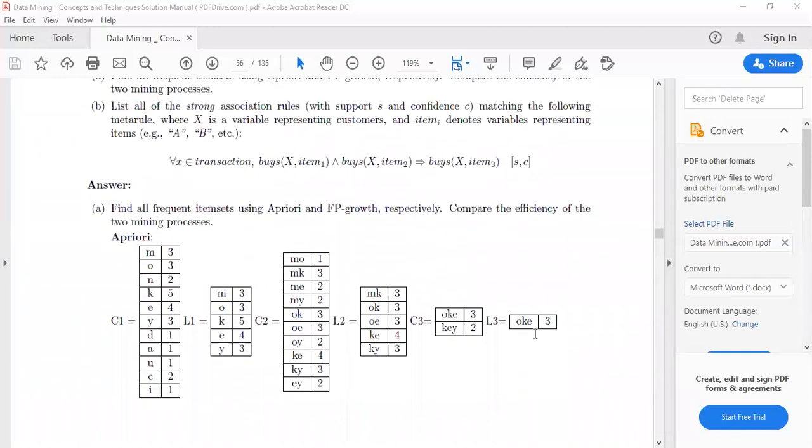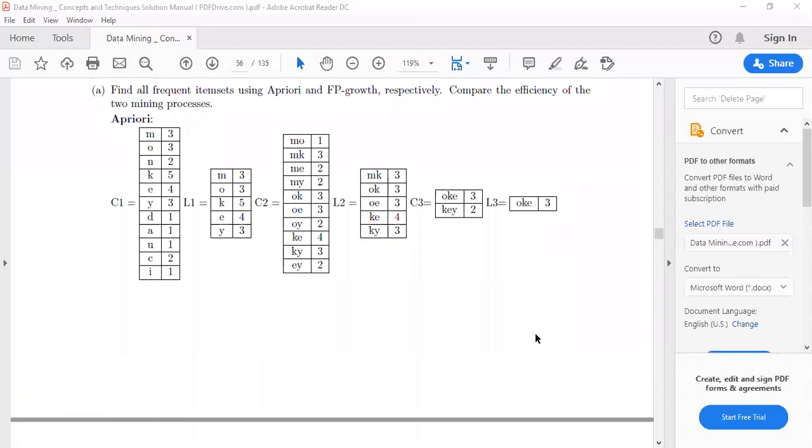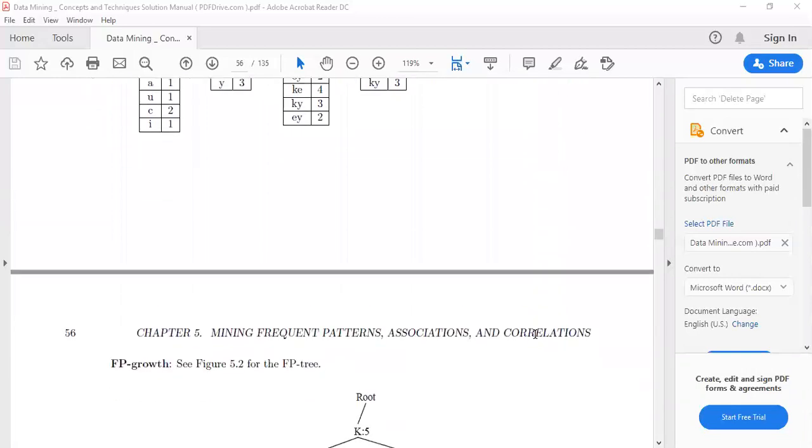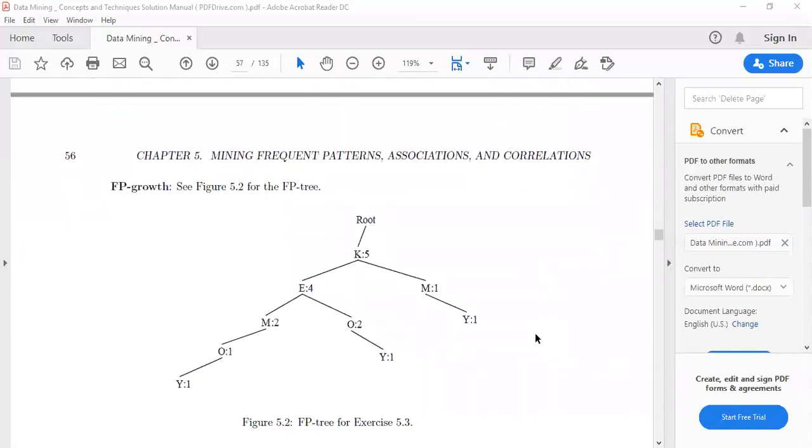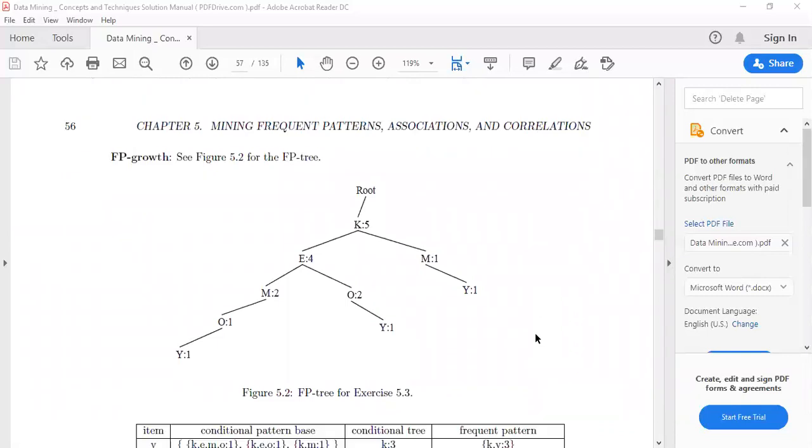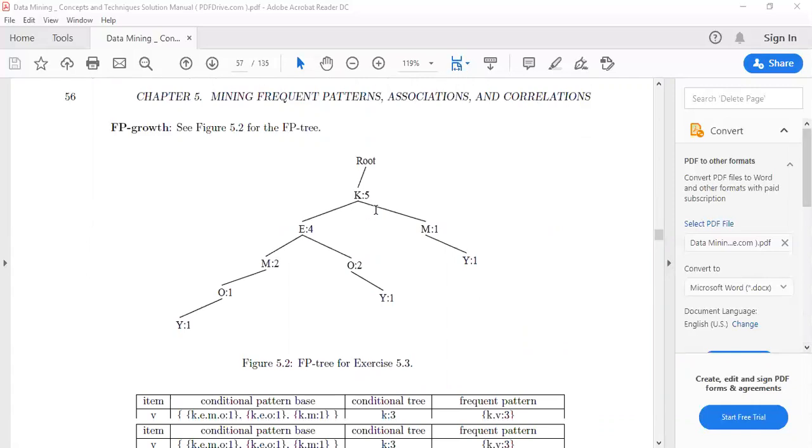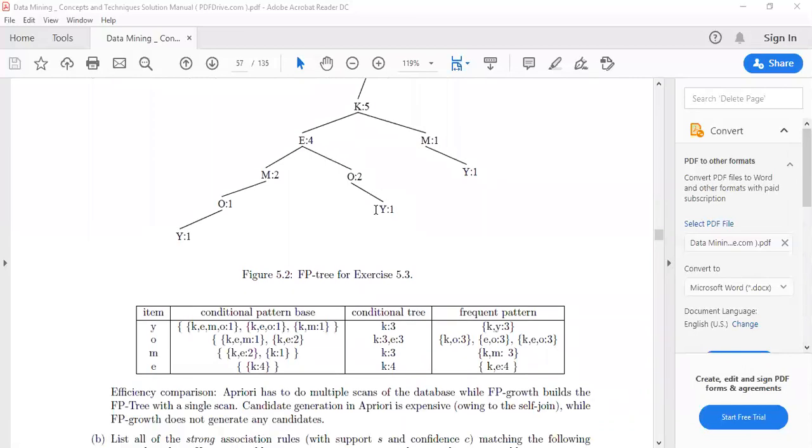Okay, now this is how the Apriori algorithm works. If it is the same algorithm, FP tree is working here also with the same combination only. You can see how many times K is occurring, like a root node we have to put. From K, how many times E is occurring, first you should find out. As you know, it is in an ascending order.